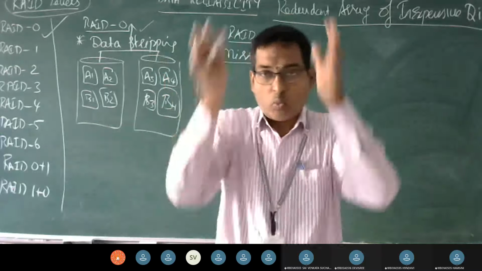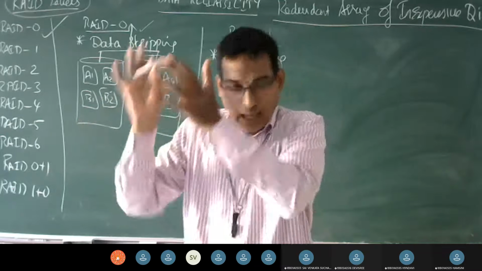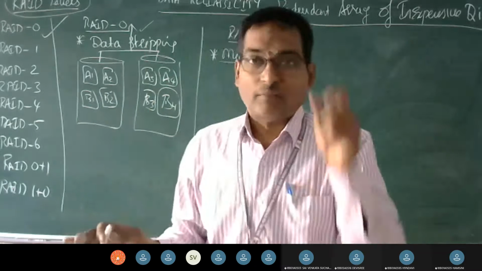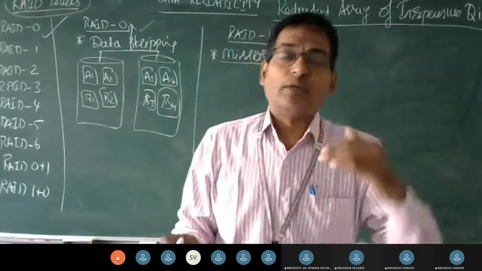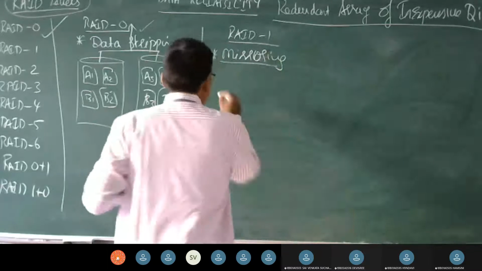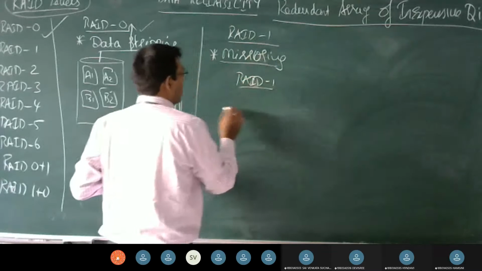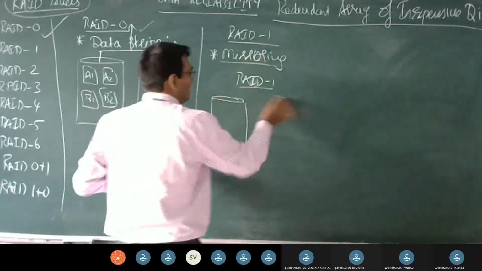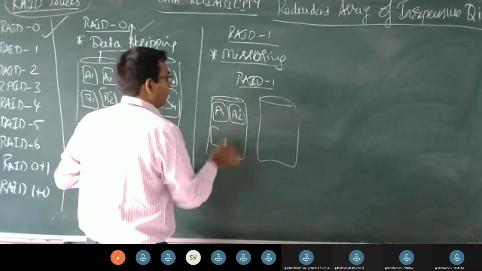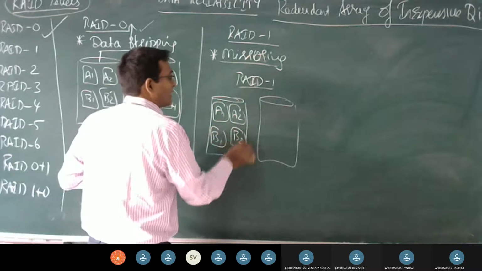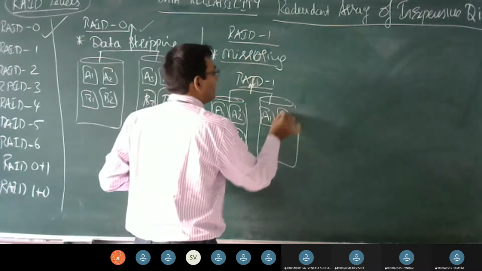So in the mirroring concept, one copy which was in the disk, the same copy is taken up in another disk. This concept was implemented in RAID 1 level. Whatever bits are there, I can call A1, A2, B1, B2, and the same bits are in the other copy of the disk.